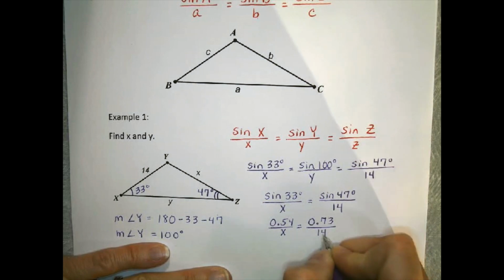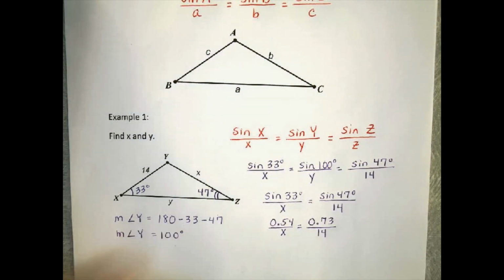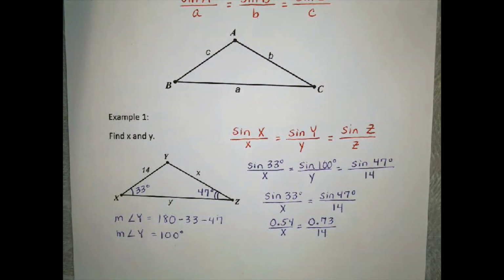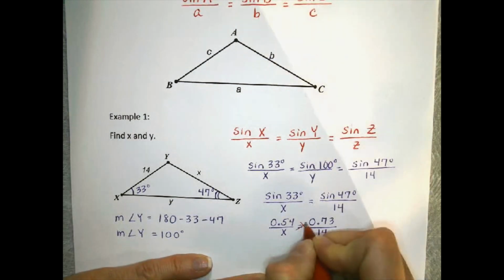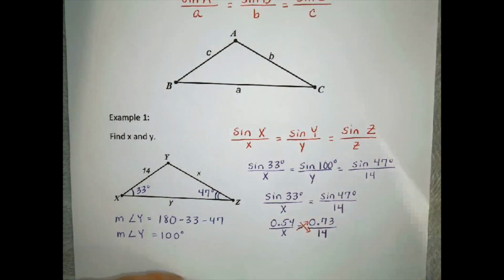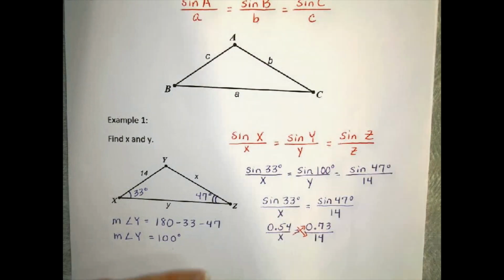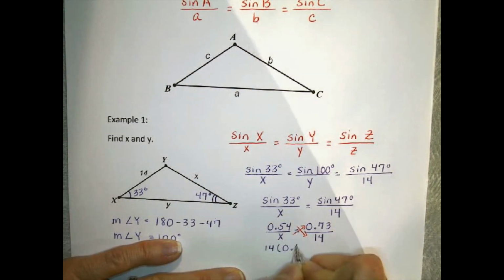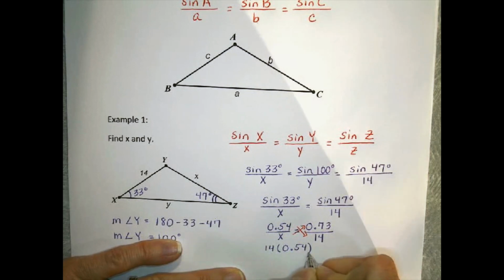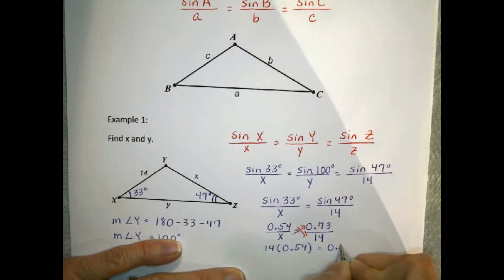I now have a simple proportion or ratio. So in order to solve, I would do the good old-fashioned cross multiply. And when I do that, I'm going to find that 14 times 0.54 will equal 0.73 times x.